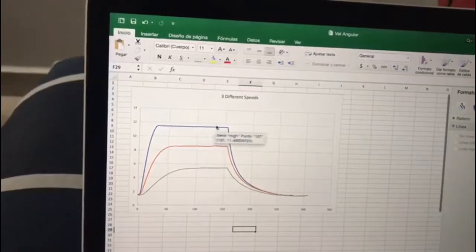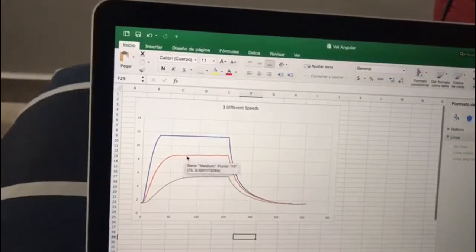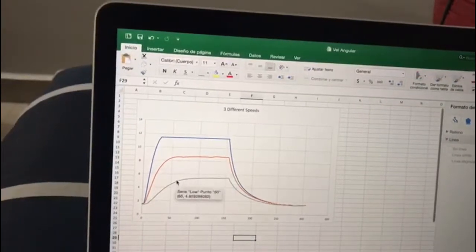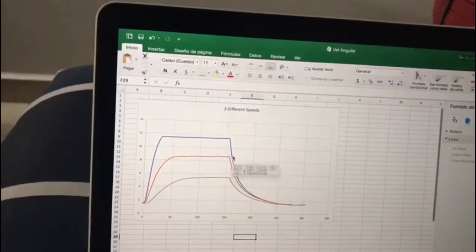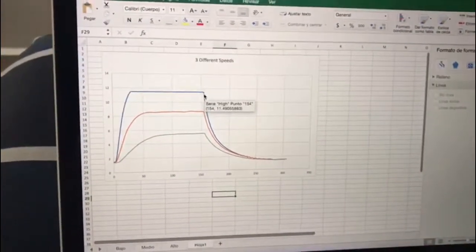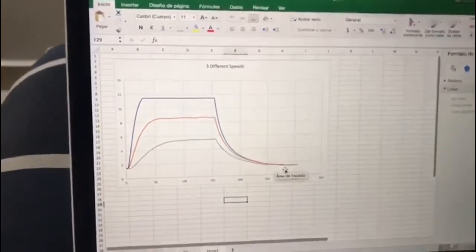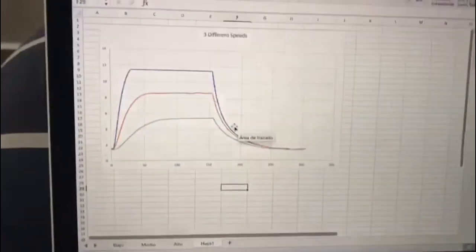It increases, then when it reaches its highest point with constant acceleration, you can see there is no acceleration here, it just continues normally. And then when you cut off the electricity, the line starts going down, and the speed starts decreasing.